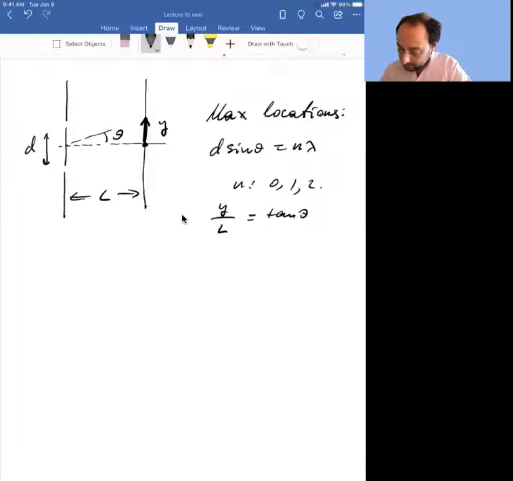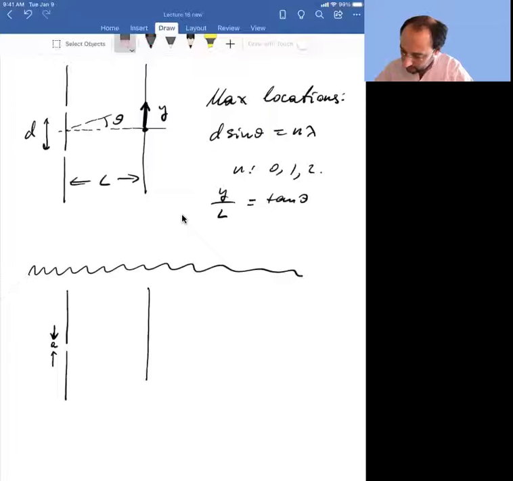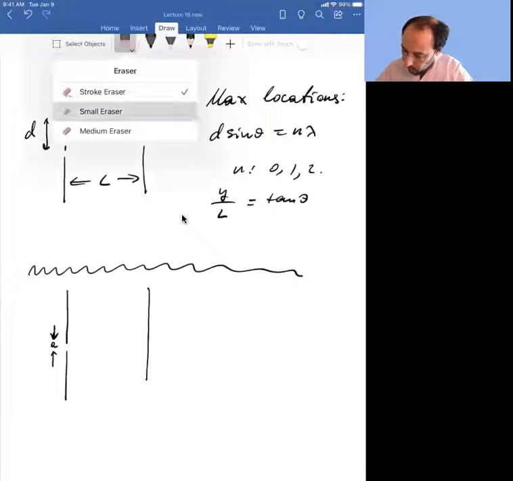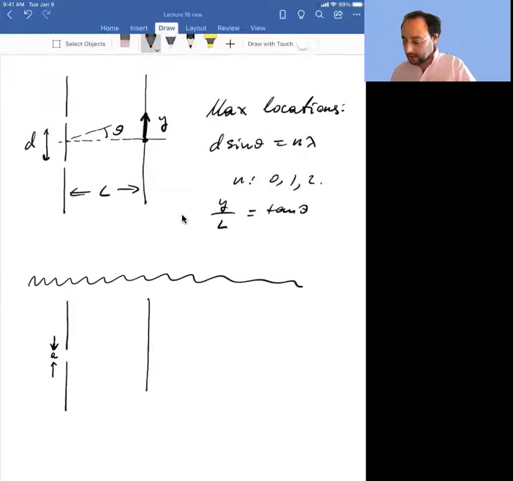And similarly, if you have a one-slit diffraction, now a is the width of the slit. So actually, let me make this a little bit bigger. Yeah, like that. In this situation, you also get a pattern.